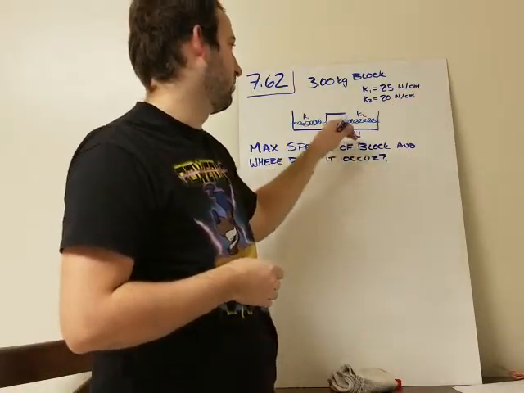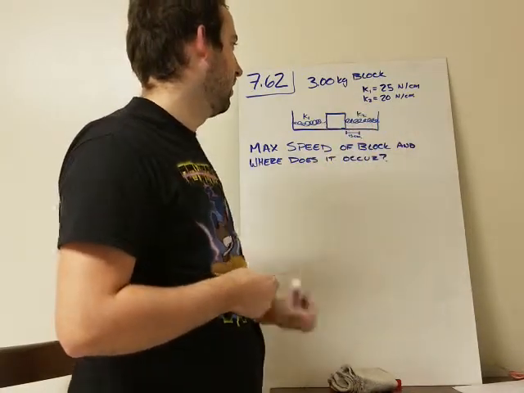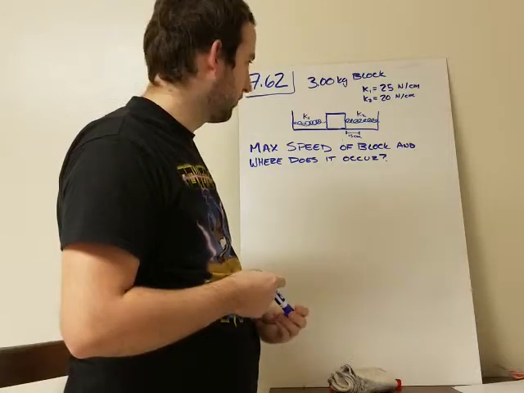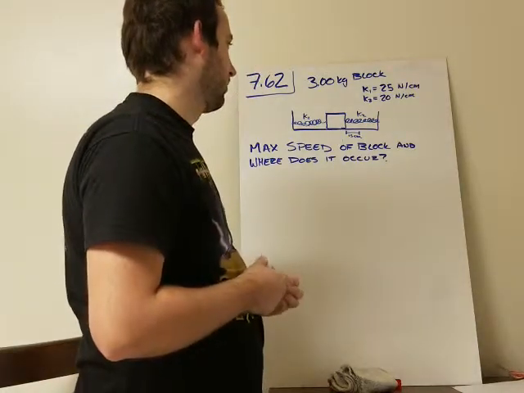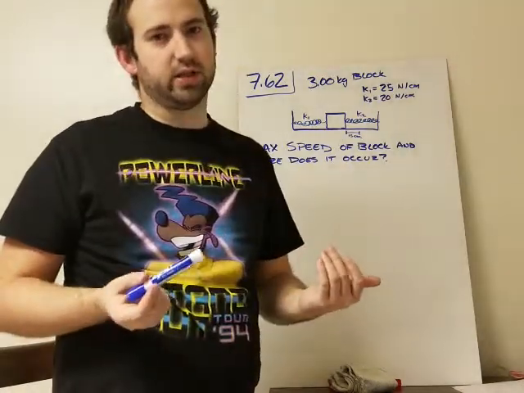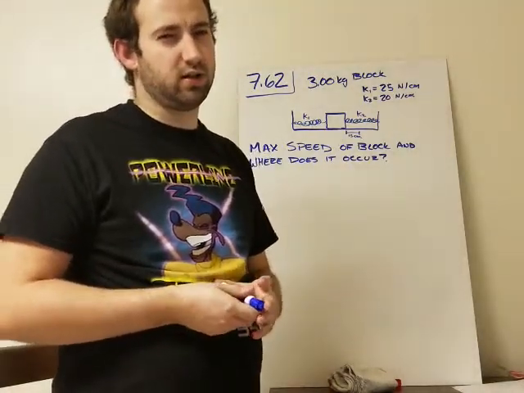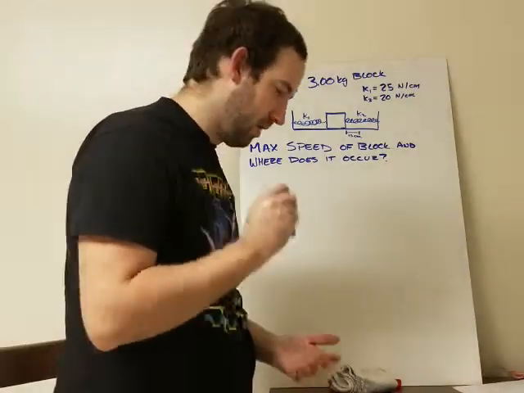We're also told that the block is moved 15 centimeters towards the right side. And so we're going to have to change the centimeters to meters, but I'll show you where we'll do it down the line.